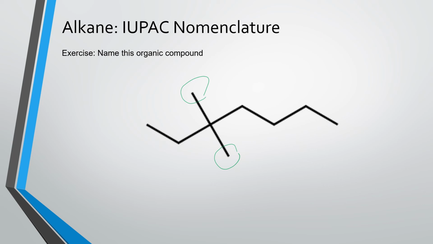So, on this side tayo magsisimula magbilang. So, 1, 2, 3. Pag pumunta tayo doon, 4, 5, 6, 7. Anong pangalan nun? Parent chain natin, heptane. Good.